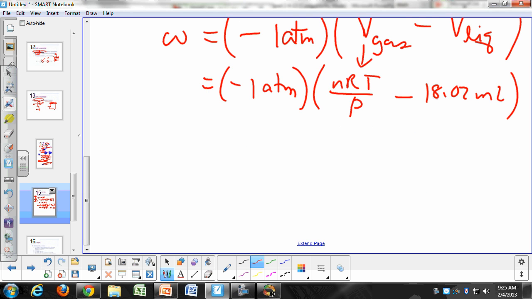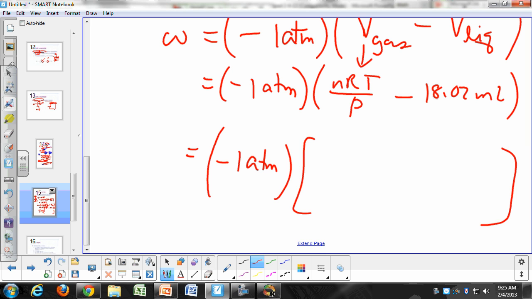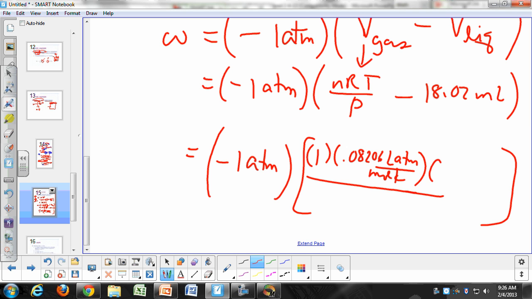So what's the volume of our gas? One mole times 0.08206 liter atmosphere per mole Kelvin times temperature, so 373 Kelvin, divided by 1 atmosphere.